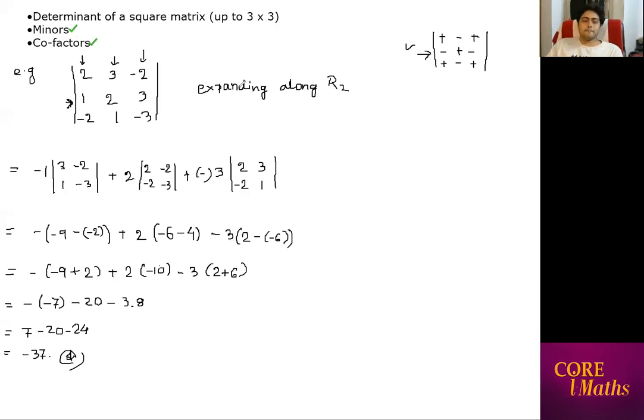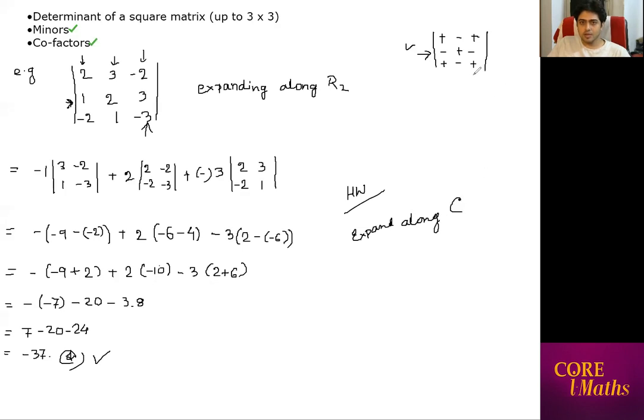So we have expanded along row 2. If anyone goes along column 3, the value will be the same, minus 37. So it will be your homework to expand along column 3.